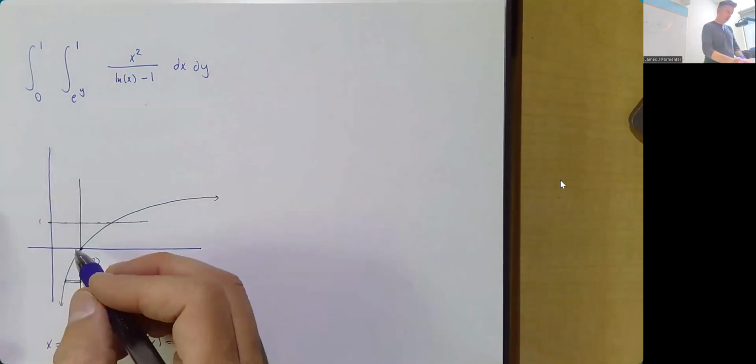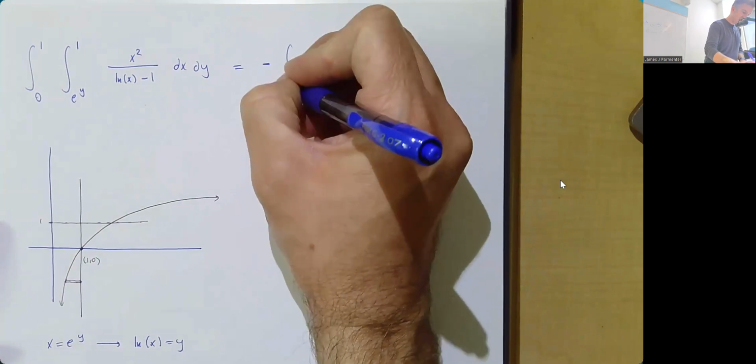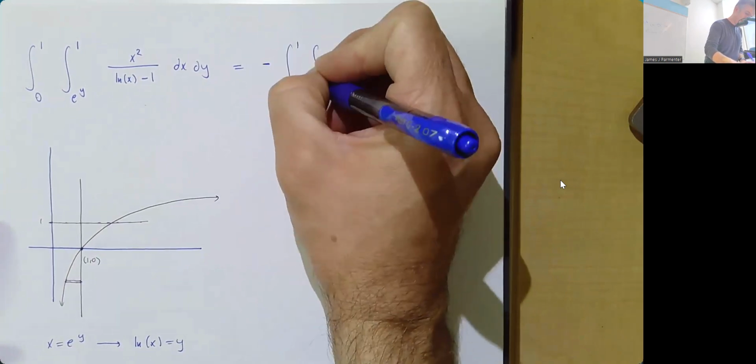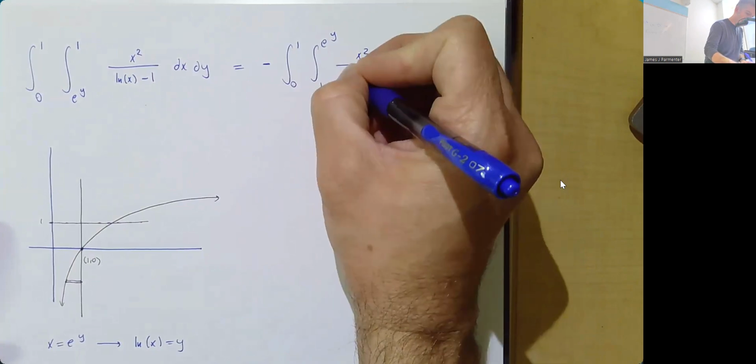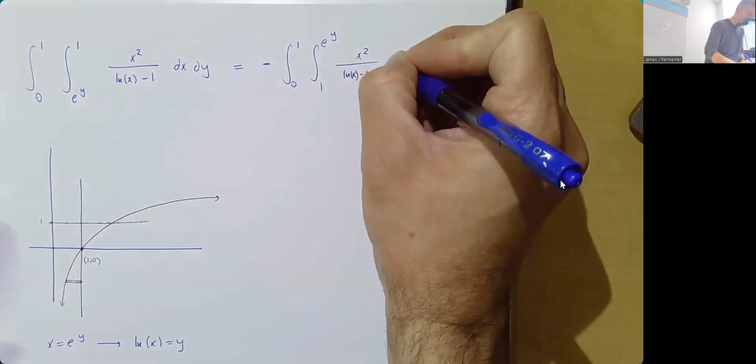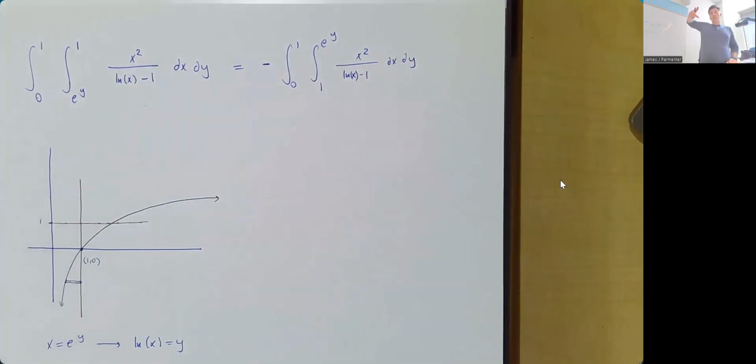If you know that the thing you're looking at has things kind of backwards, rewrite it as the negative integral from 0 to 1 of the integral from 1 to e to the y of x squared over the natural log of x minus 1 dx dy. It's totally fine to swap the limits for one of your integrals and bring that negative out in front, or to tack on an extra negative.